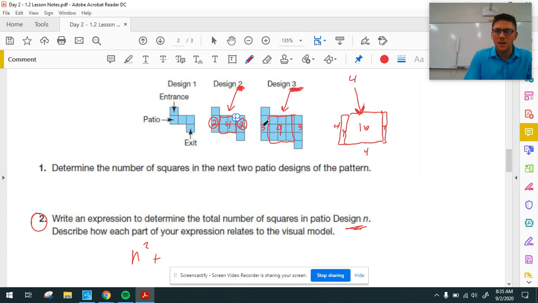Design 3 has a set of 3 and another set of 3. So it's plus n, and yes, you could definitely call this 2n. Okay? And the last one, notice there's also these hanging out here at each time. These are a constant plus 2. So n squared plus 2n plus 2.